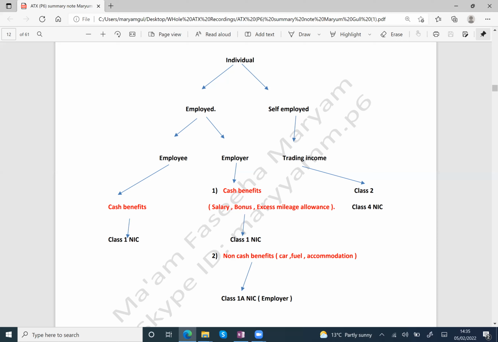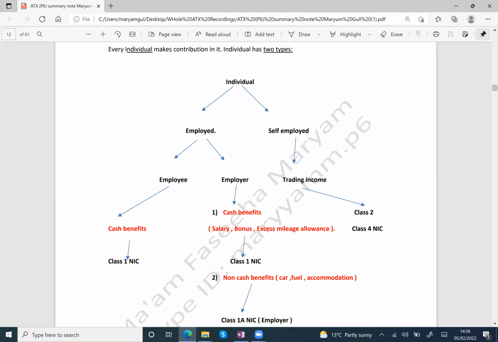You will get excess mileage allowance when you drive your personal car for business or office use. Then you will get some mileage allowance, and that is your cash benefit. So for salary, bonus, excess mileage allowance, the employer will pay class 1 NIC on it.